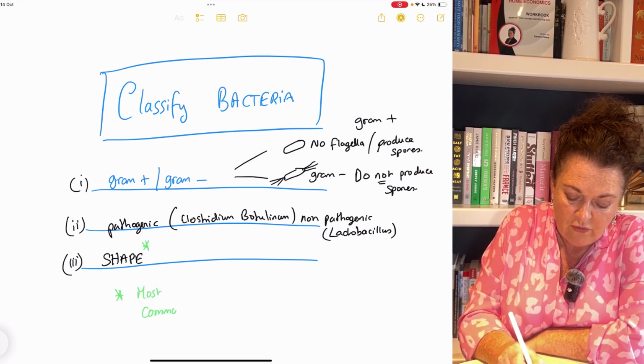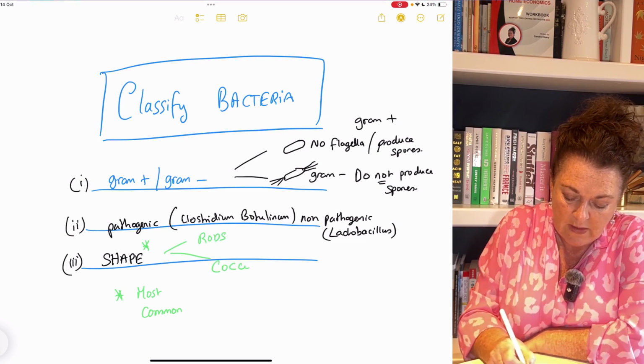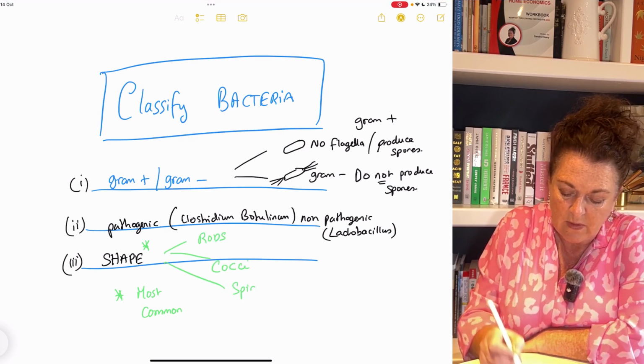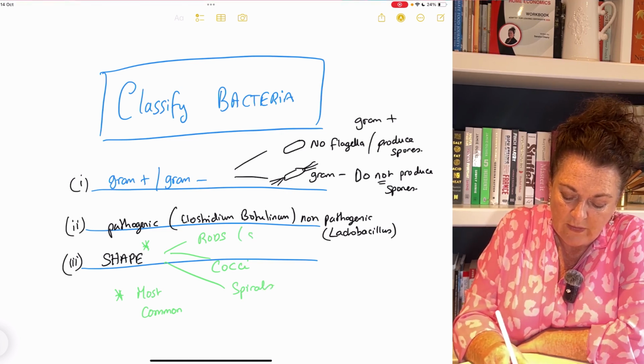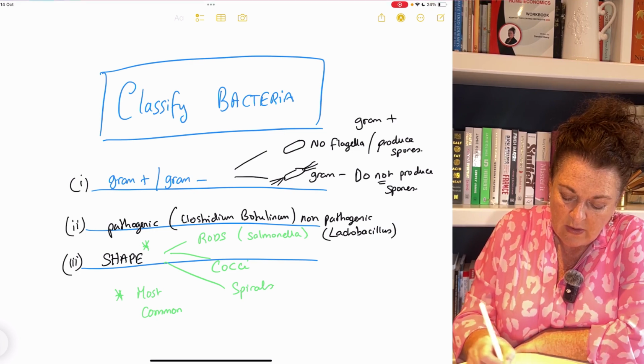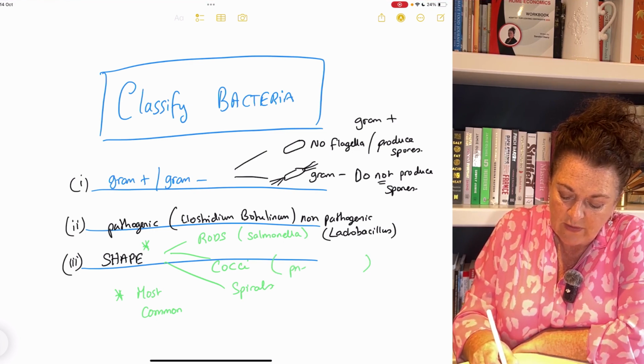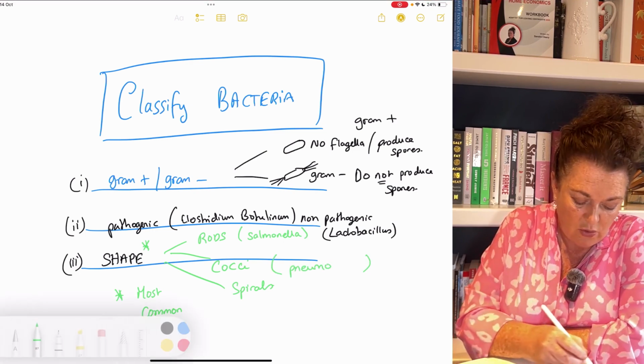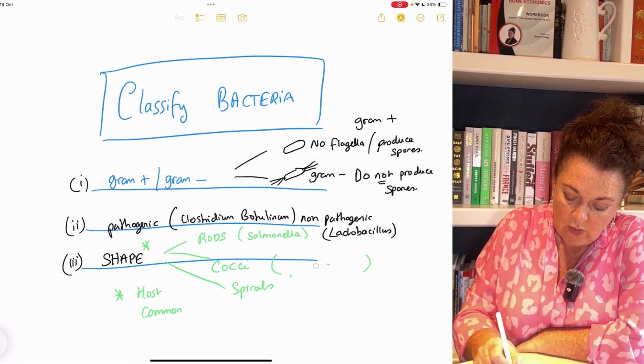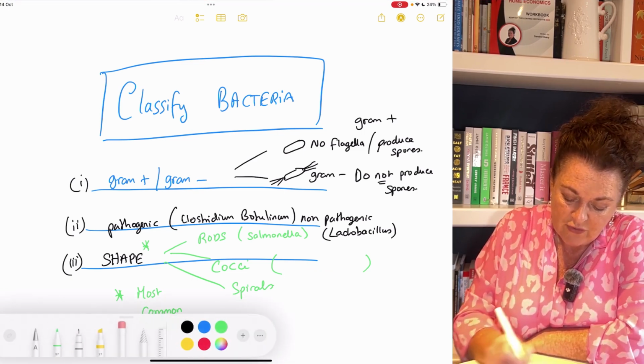And then I would have rods, cocci, and spirals. Rods would go with salmonella, cocci, bacteria that cause pneumonia, or even better still, streptococci.